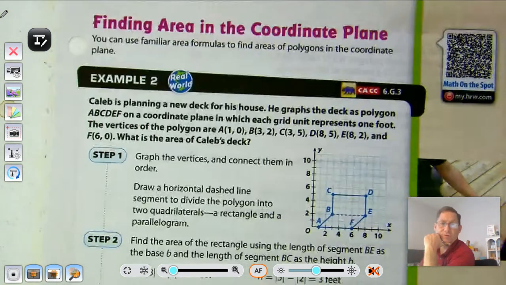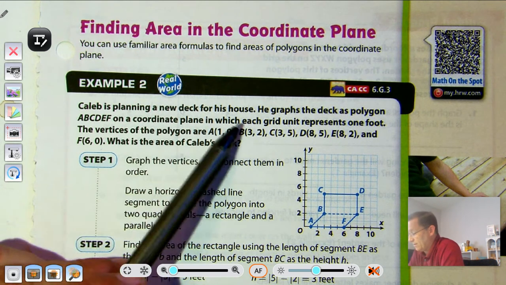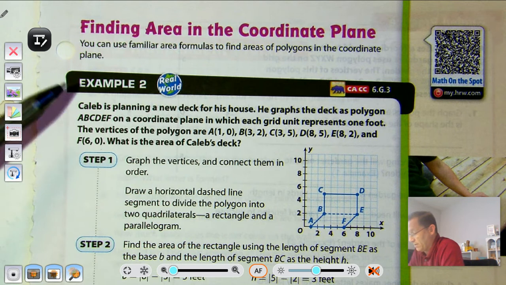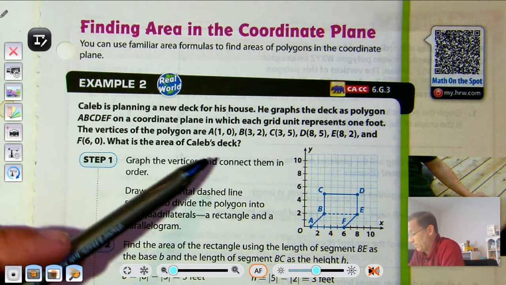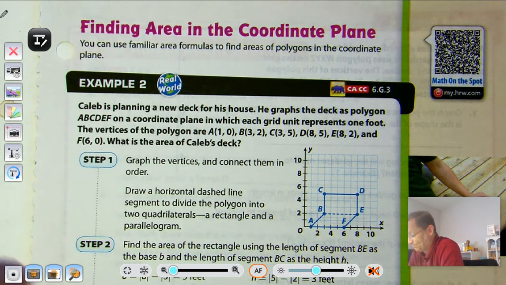Okay, we can also use it to find the area in the coordinate plane. And we're going to use basic area formulas to help us find the areas of these polygons. So in example 2, Caleb is planning a new deck for his house. He graphs the deck as polygon A, B, C, D, E, F on a coordinate plane, in which each grid unit represents 1 foot.